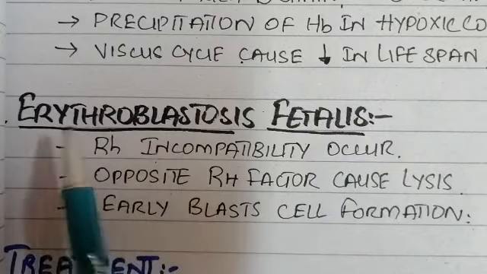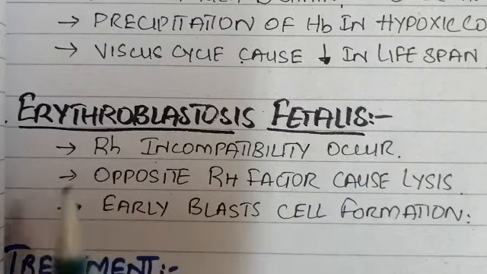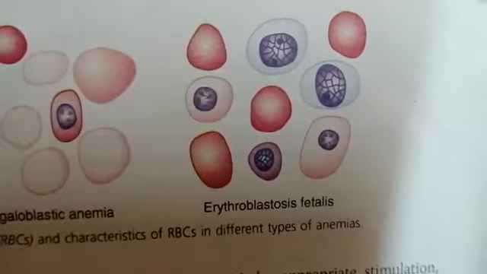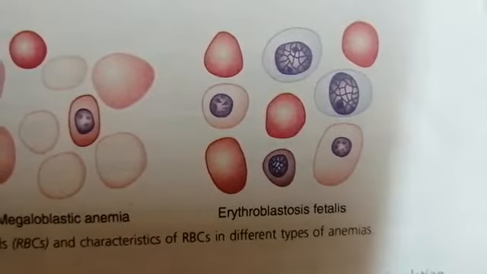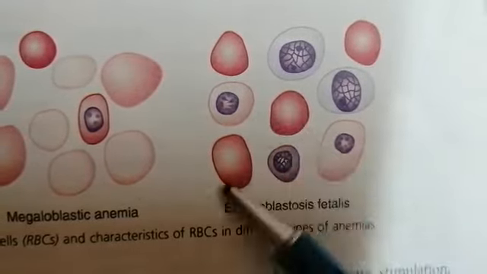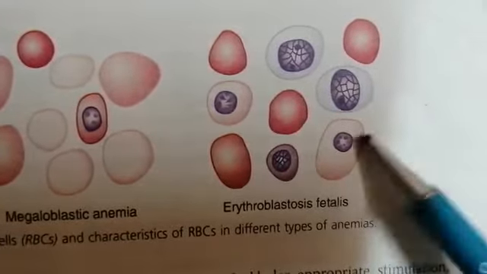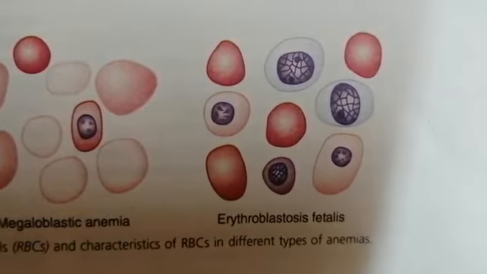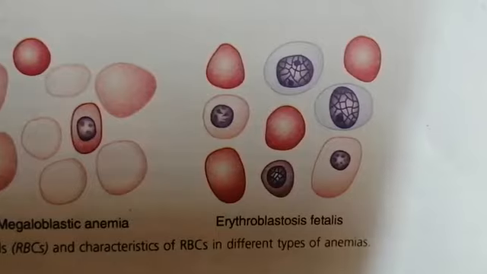That's why it is called erythroblastosis fetalis. Here you can see the condition, in which there is production of abnormal size RBCs plus destruction of the RBCs. There are fewer RBCs and a greater number of other cells like WBCs and neutrophils in the blood. That's why it causes hemolytic anemia.